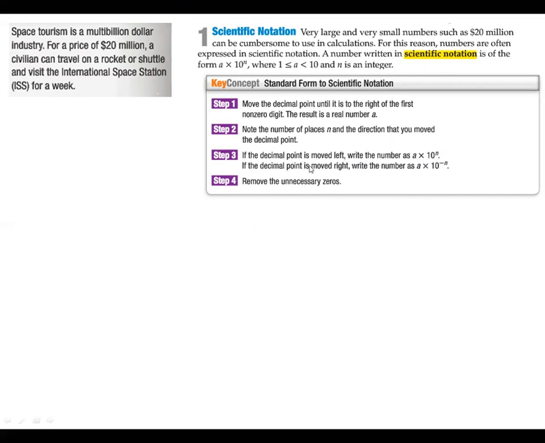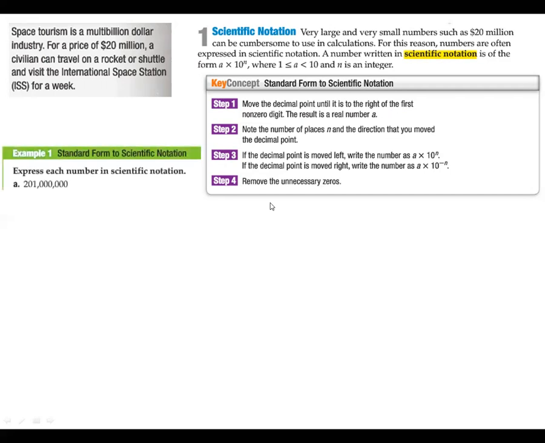If the decimal point is moved to the right, write the number as a times 10 to the negative n. So if you move it to the left, you get a positive exponent on 10. If you move it to the right, you get a negative exponent on 10. Remove any unnecessary zeros.